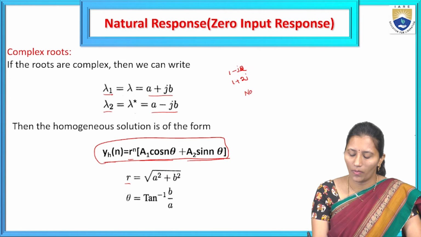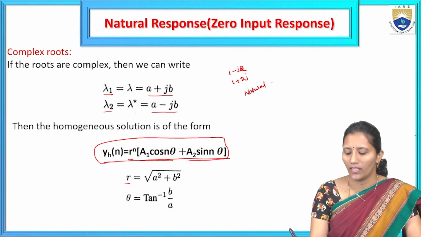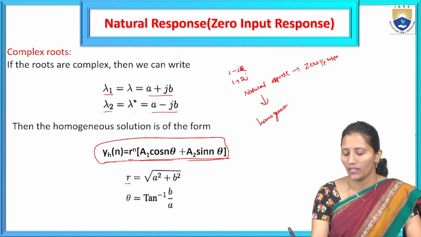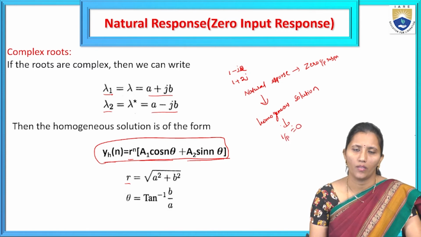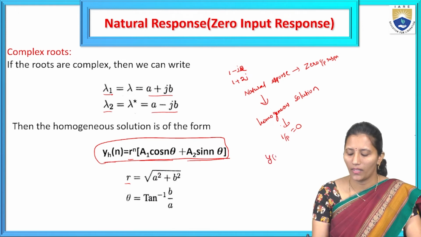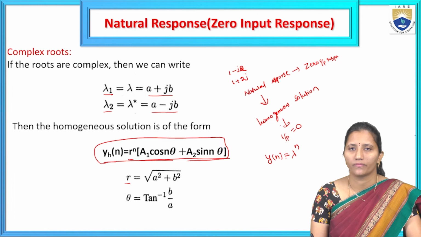So here in the natural response, that is zero input response, we have to find out the homogeneous solution. Here we have to take input equal to 0. Whatever the terms in the difference equation, input terms, we should make them equal to 0 and substitute y of n is equal lambda power n.